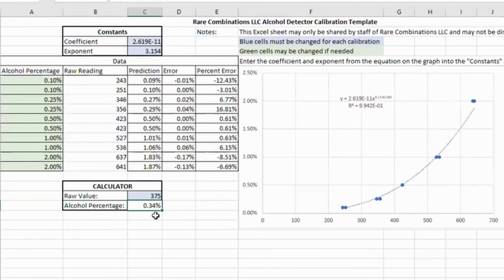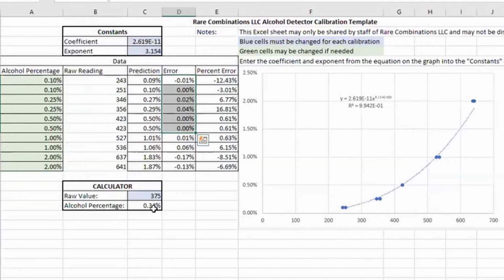This is very, very transparent since you've created your own calibration curve, and you can go back and look, well, okay, within my samples of around 0.34%, which I think is safe to say between 0.1 and 0.5, the largest error that I have is 0.04%. That's the largest error that I'm getting.